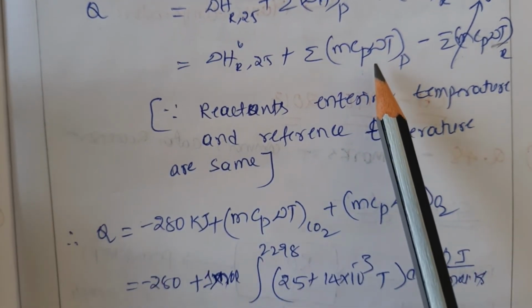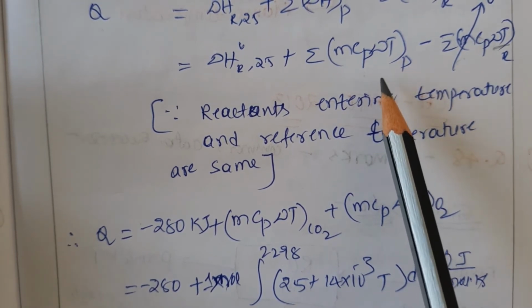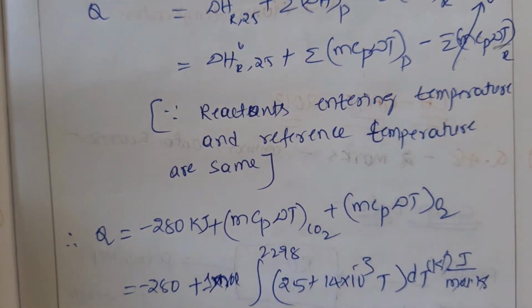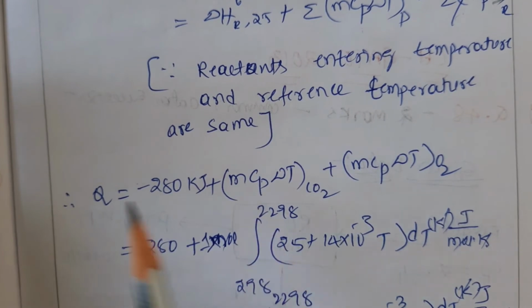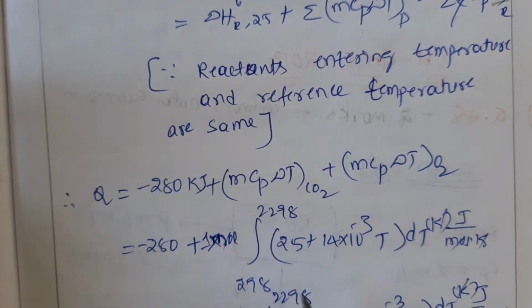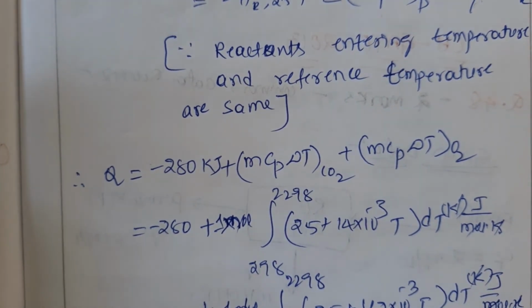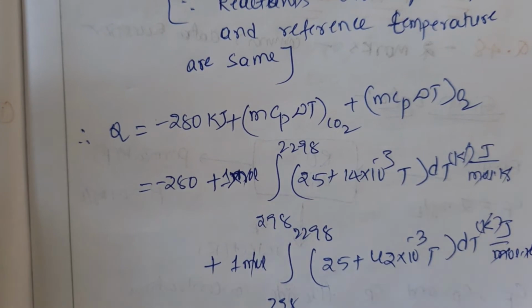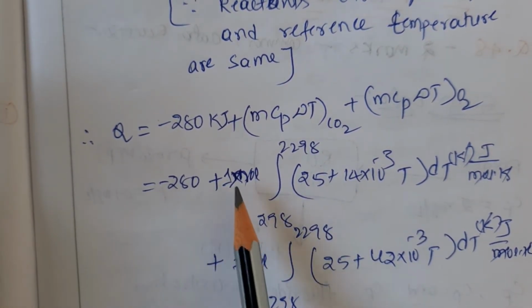The reference temperature is 25 and the flame temperature is 2298. By substituting, but here the heat capacities are given in terms of temperature dependency, so you have to integrate the heat capacity terms. Here it is the heat of reaction for 1 mole.